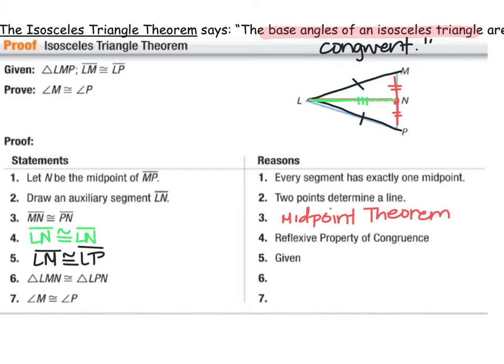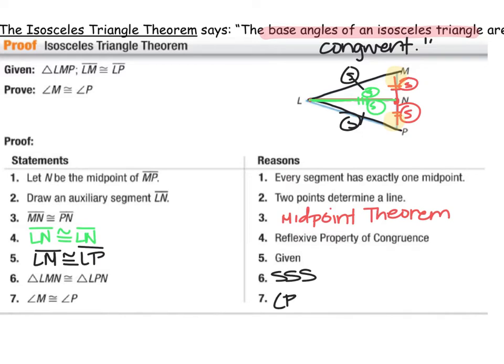So finally, we can say we have one pair of congruent sides, we have a second pair of congruent sides, we have a third pair of congruent sides, so these triangles are congruent by SSS. Lastly, once I know that the triangles are congruent, I am allowed to conclude that the corresponding parts are congruent, and we call that CPCTC.